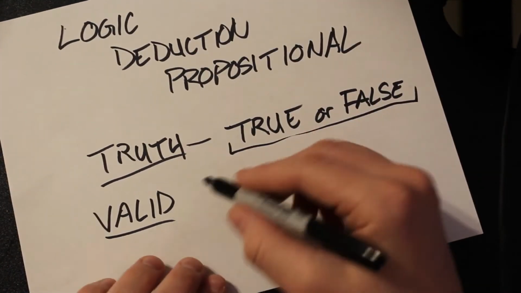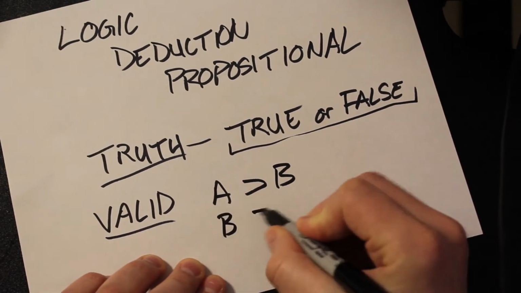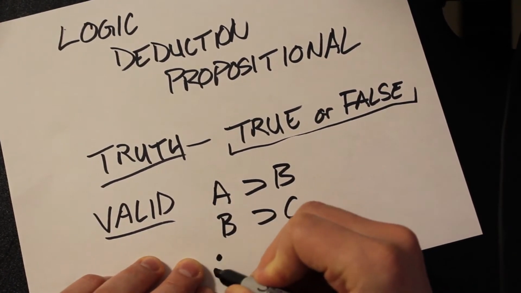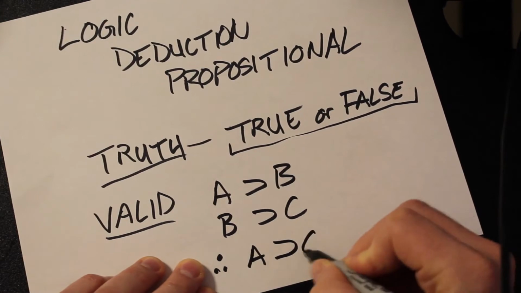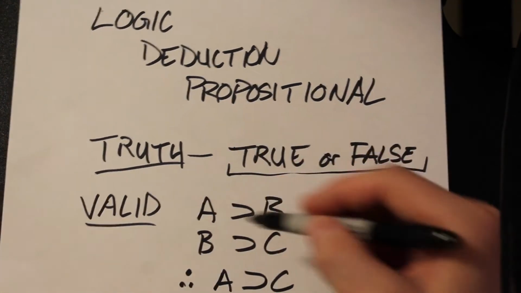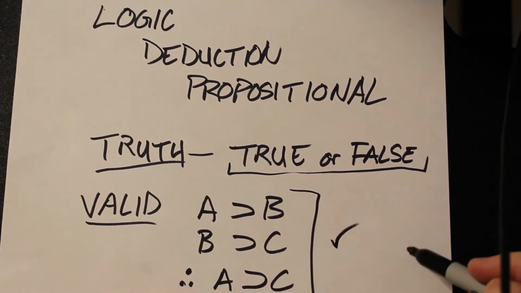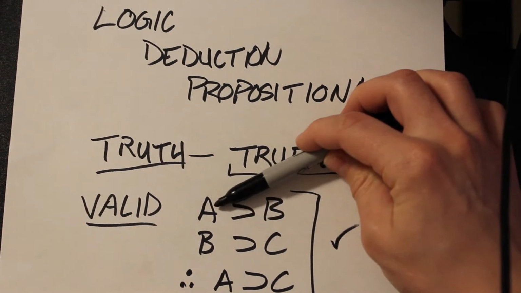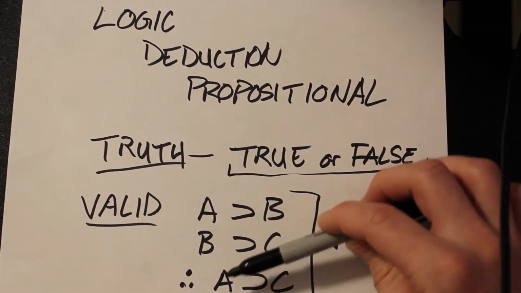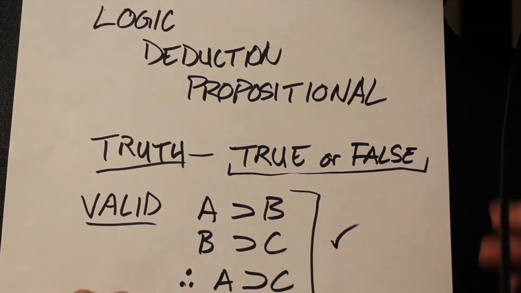For example, if A, then B, and if B, then C, therefore, if A, then C. This is a structure here that I just drew up. This would be a valid argument. Why is this valid? Because A leads you to B, B leads you to C. So therefore, A led you to C. So that is why this happens to be a valid argument.